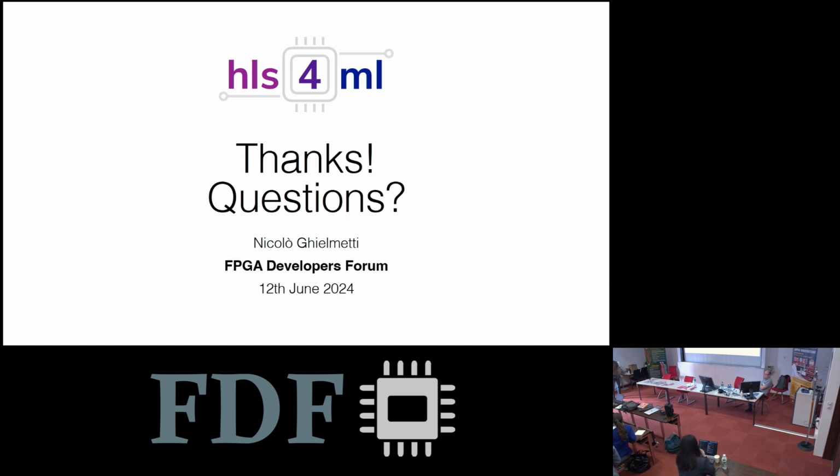I'm not sure if they are based on PyTorch models or Keras. Yeah, that's probably the main difference then, because I would say that HLS4ML mostly supports Keras and QKeras. So maybe this could be the main difference. That's what I would say.